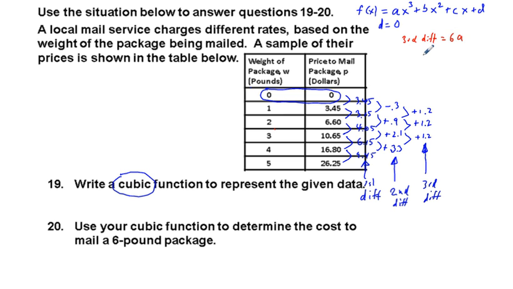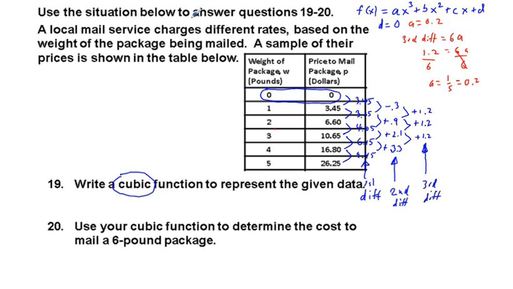And our third difference is 1.2. So 1.2 equals 6a. Dividing by 6, a is equal to 1.2 over 6, which would be 1/5, or 0.2. So I'm going to come up here and say, okay, a is equal to 0.2.